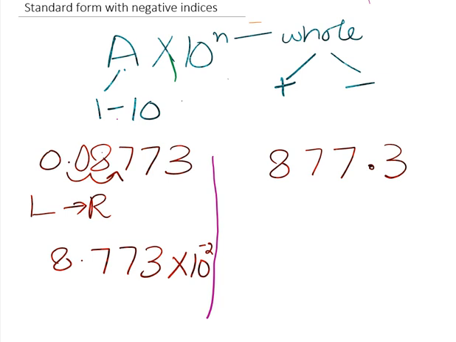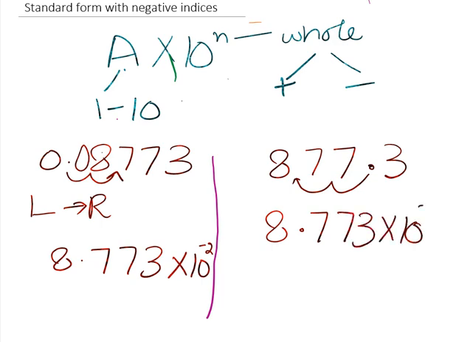But in this example, you have to move it from right to left two places. So when you move it two places, actually you are multiplying the 100 with 8.773.